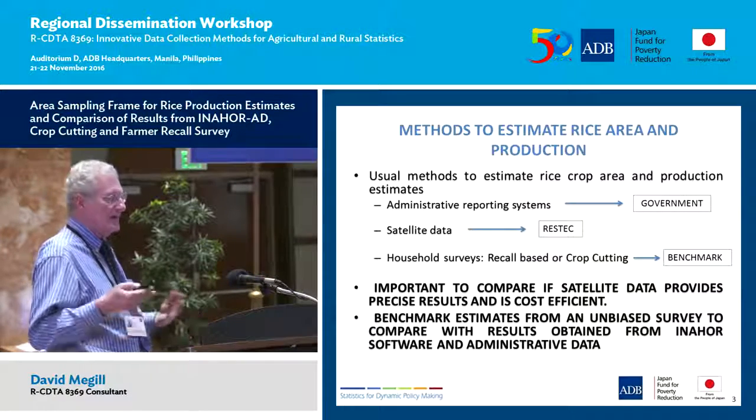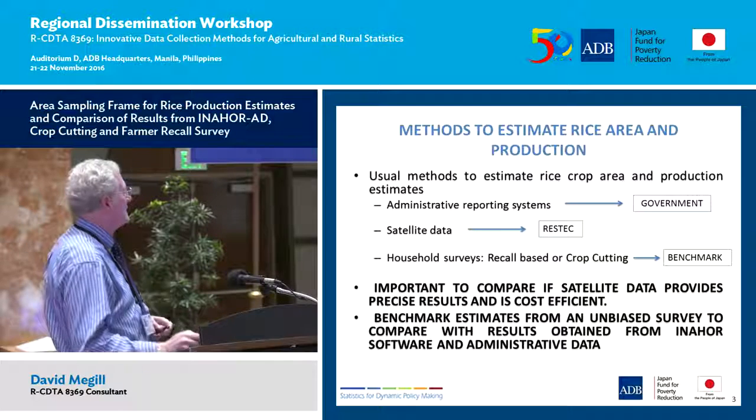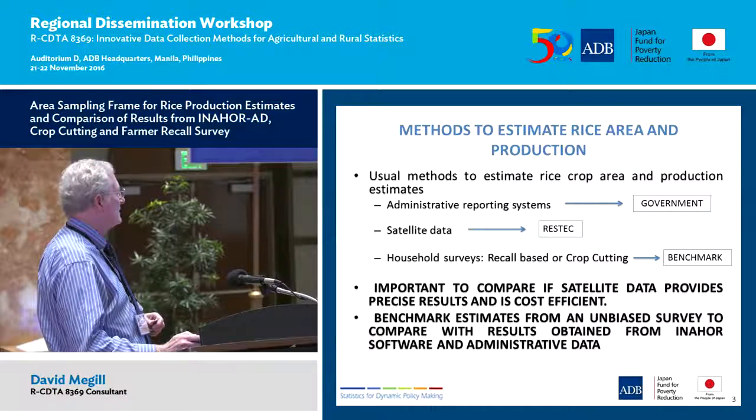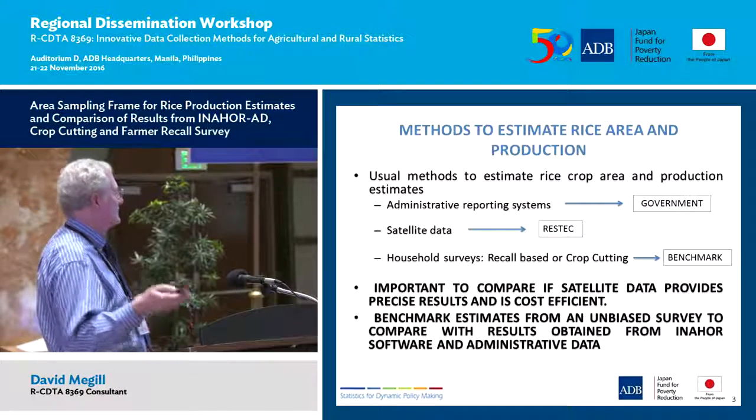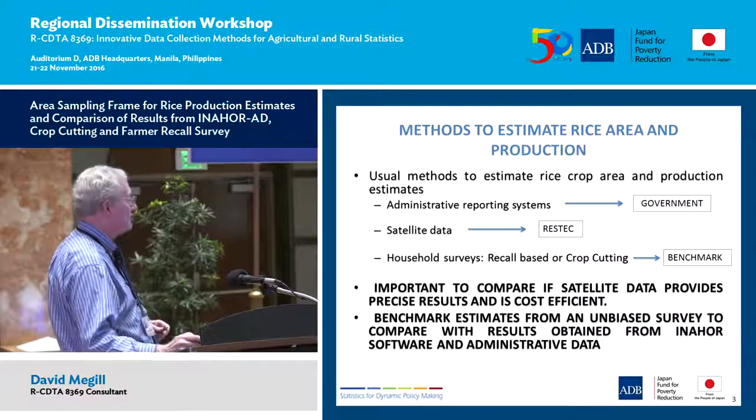And in the end, they come up with estimates of the crop production in each of the districts that's summed up to the province level and then the national level.